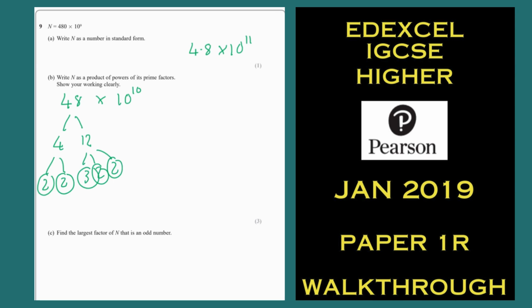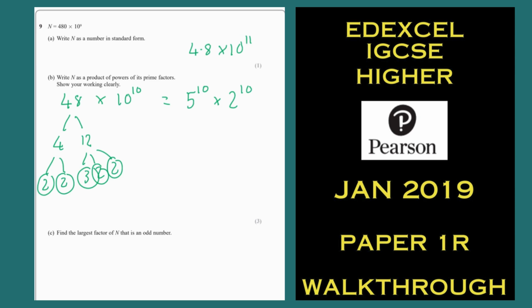It's been decomposed. But then think about your 10 to the power of 10. Don't forget, the number 10 is 5 2s. That's 5 2s in prime factor form. So if you did that to all of the 10s, you'd have 10 5s and 10 2s. Or in other words, you'd have 5 to the power of 10 and 2 to the power of 10.